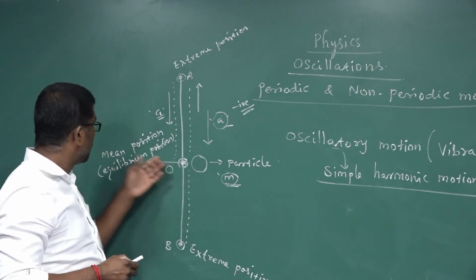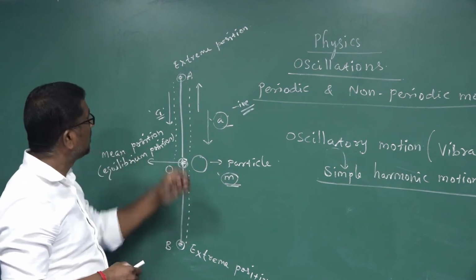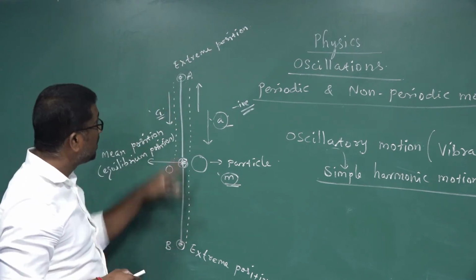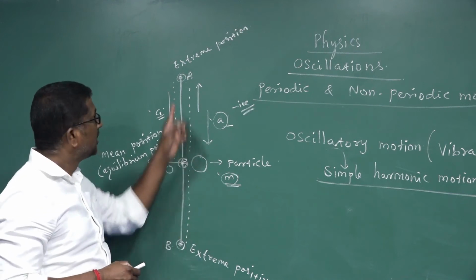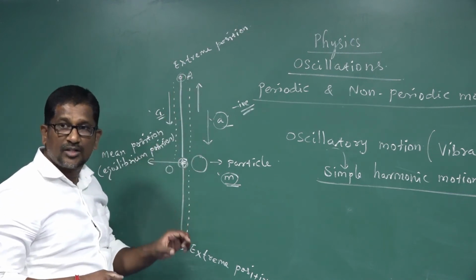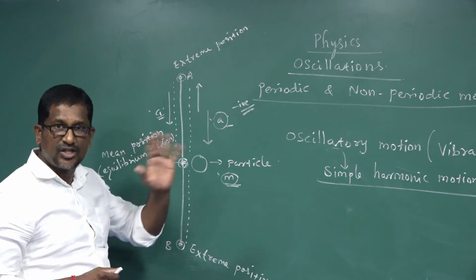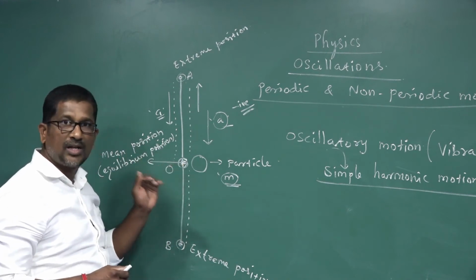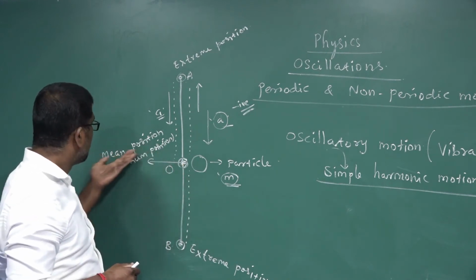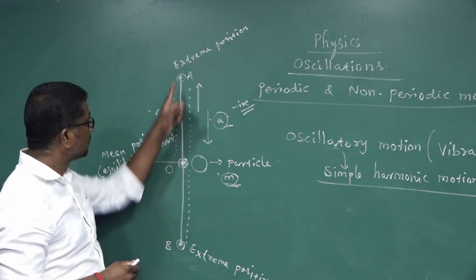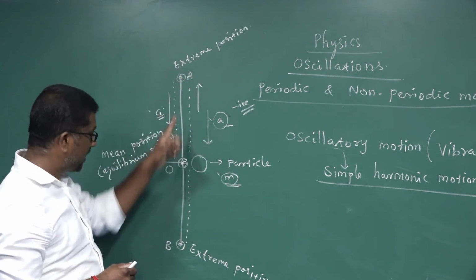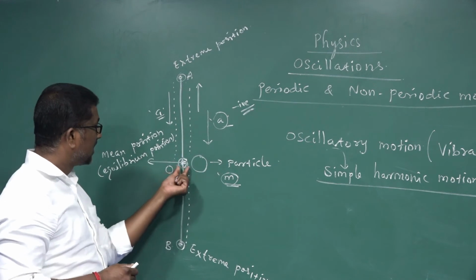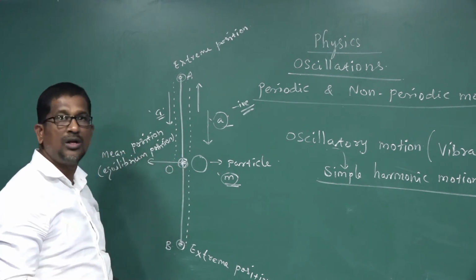The point O is the mean position or equilibrium position, whereas the points A and B are extreme positions. In this diagram, A and B are extreme positions, whereas O is the equilibrium position or mean position.